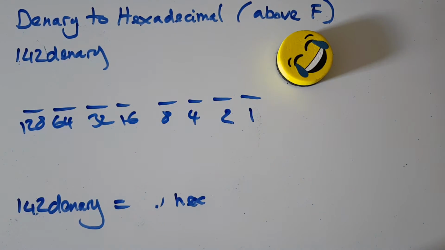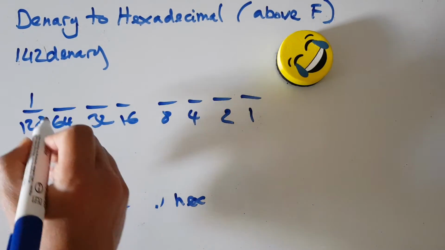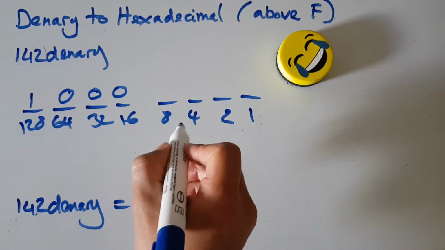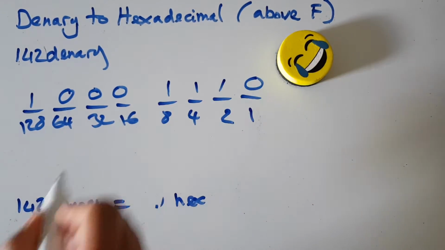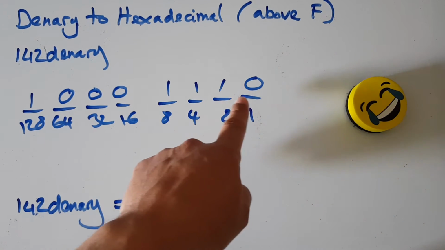And then we figure out which ones we need to switch on. In this case, it's going to be 128. We don't need those ones, and we need that, and that is switched off. So we now have the binary for 142.